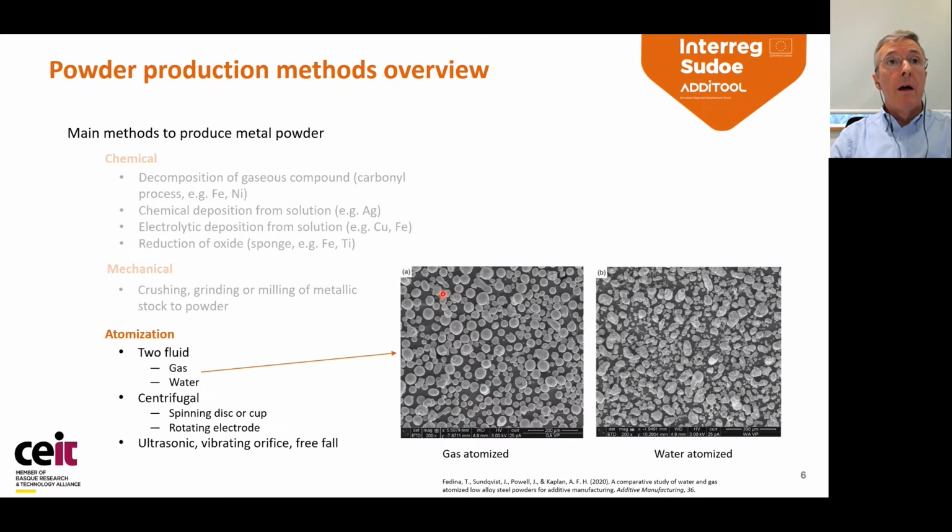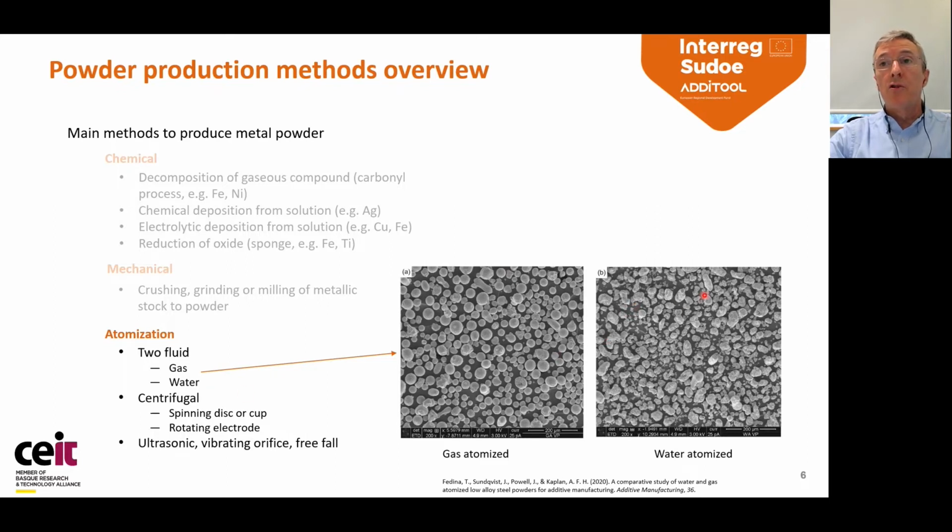good. In atomization, there are 3 possible ways to fluid using gas or water. In the case of gas, you obtain very spherical powders like this one, and this is why gas atomization is the preferred method to produce powders for additive manufacturing.